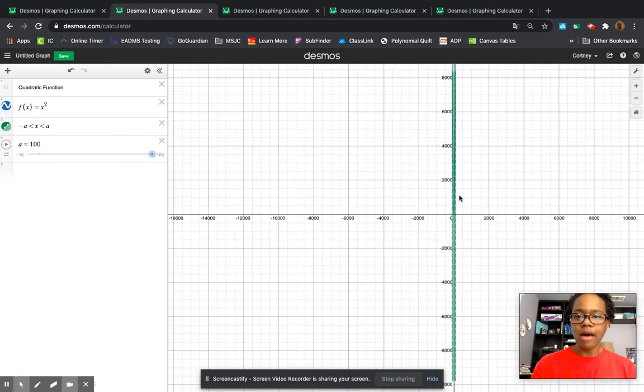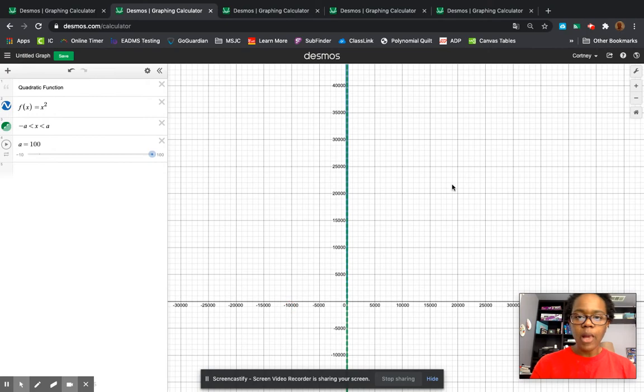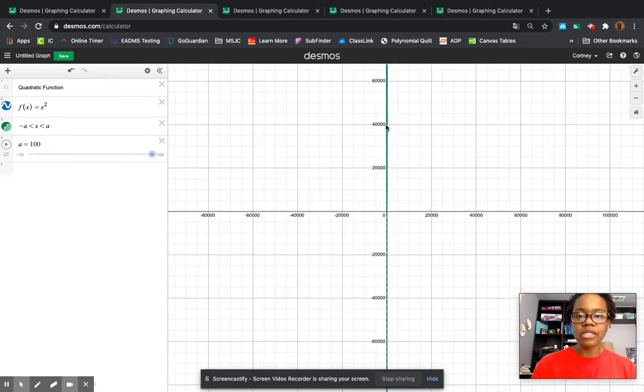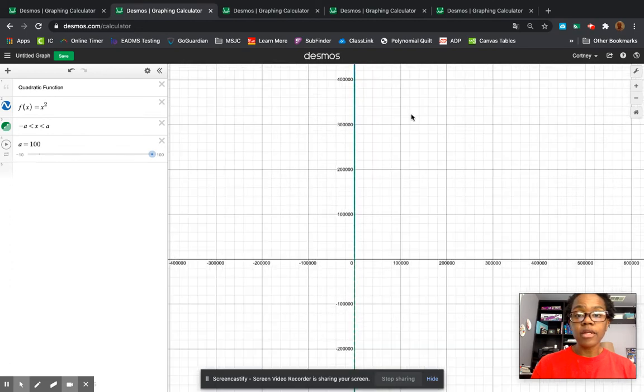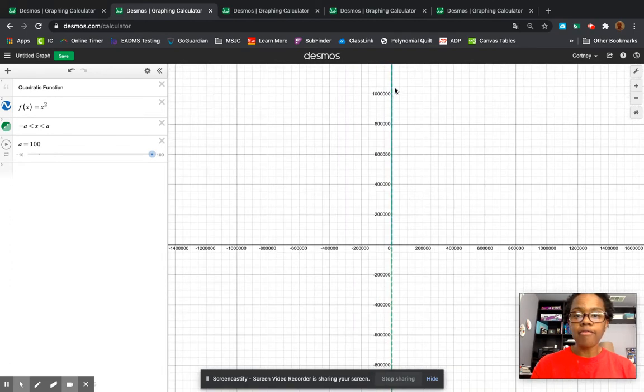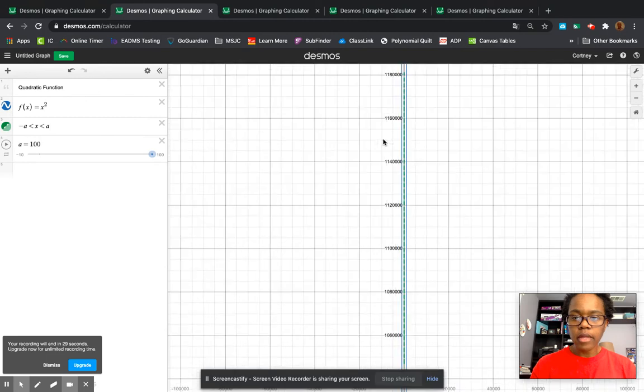But if I zoom out a lot, my graph gets really, really skinny. It gets really, really skinny, but we'll see that even that number is still not good enough. I'm going to try to zoom it out enough, and get close in here.